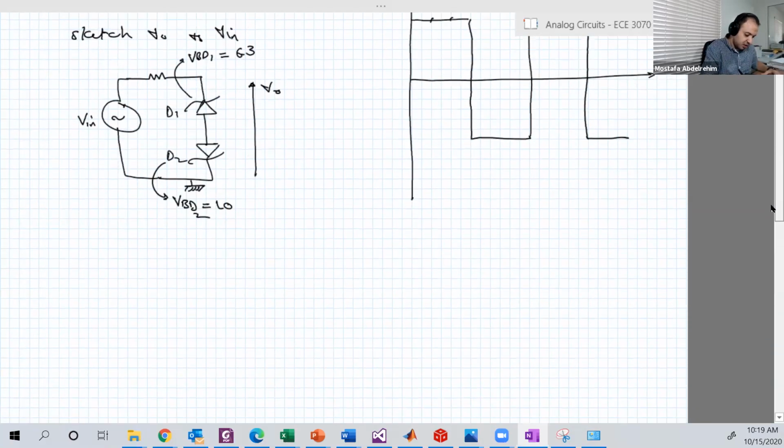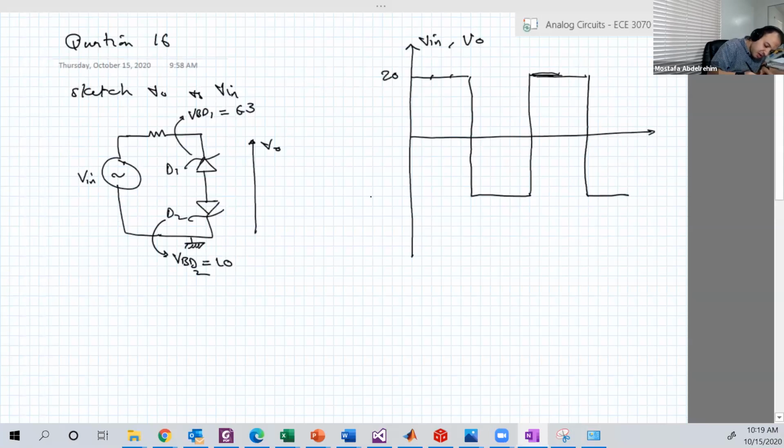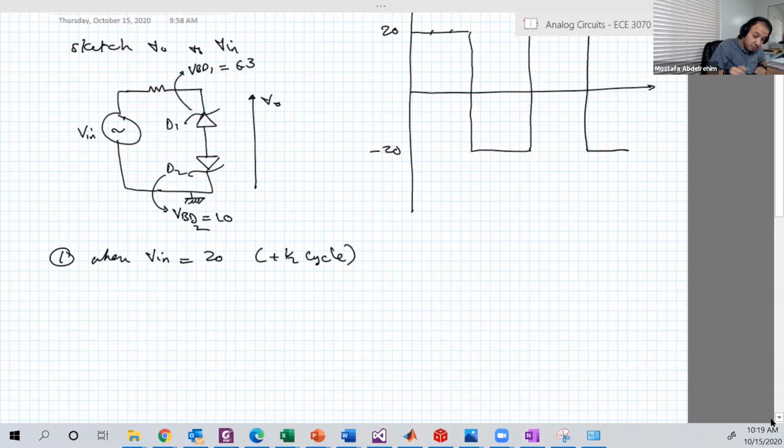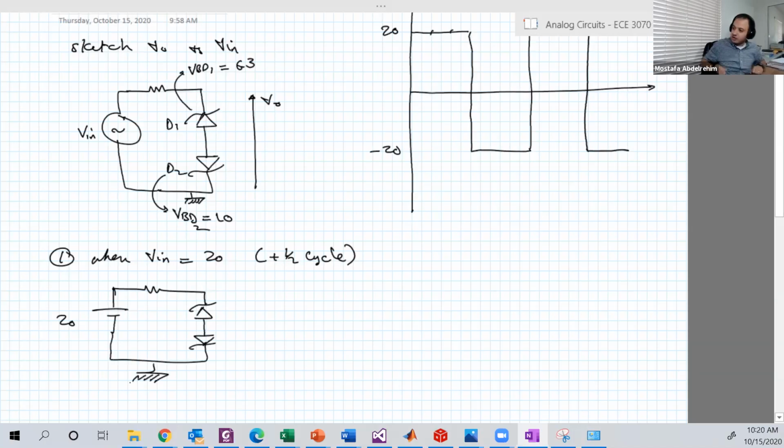It will be easier to understand. So this is 20 and this is minus 20. So let's first, when the input is the positive half cycle, when the input is equal to 20, the positive half cycle. Because it's a square wave, you can draw the circuit like this, just with a battery equal to 20, because it's constant. You can draw it like this. Okay, this is diode 1, this is diode 2.